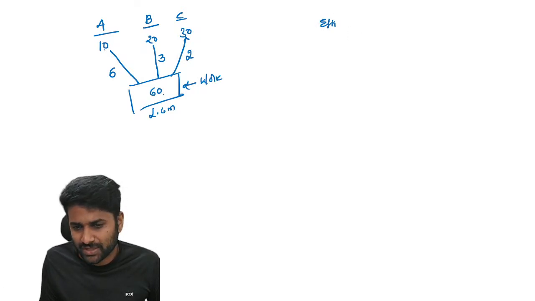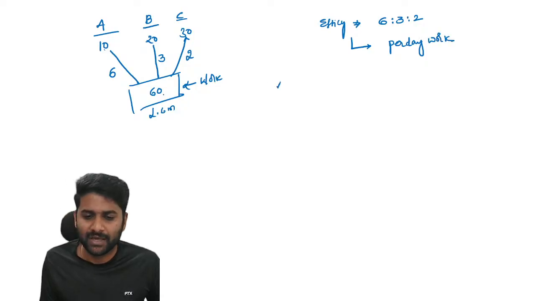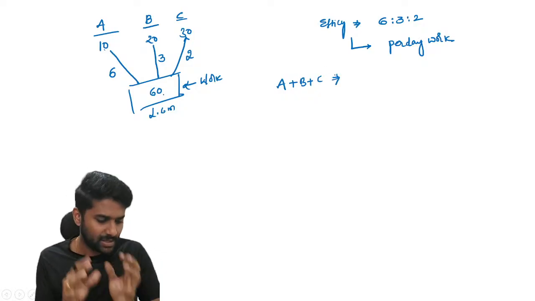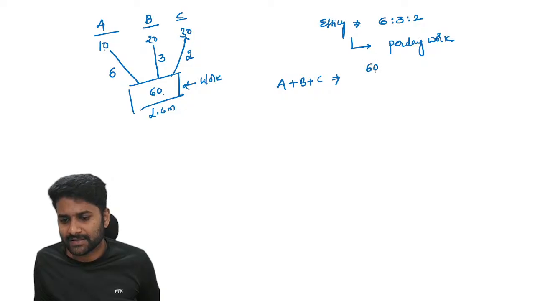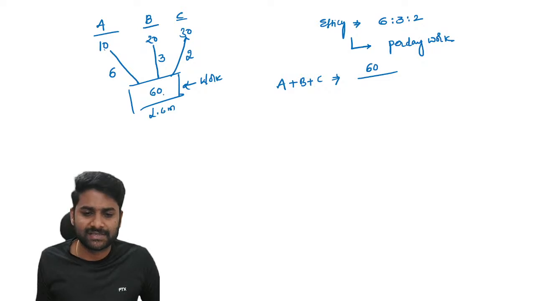So if your question is about the efficiency of A, B, C, it is 6 is to 3 is to 2. Efficiency is all about per day work. If A, B, C work together, how many days? Then the whole work is completed. Now the whole work reference is 60 units. Now we are assigning all these three persons to the work.